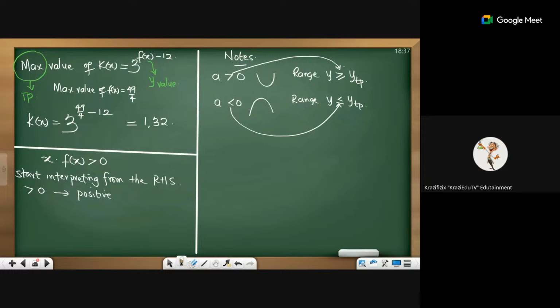Number 2: we're multiplying two things, right? What are we multiplying to get a positive? Both of them must be either positive, because we are multiplying, so positive times positive, or negative times negative.